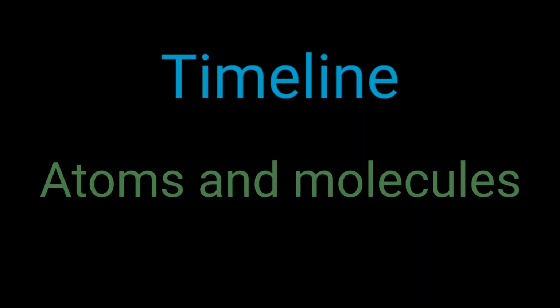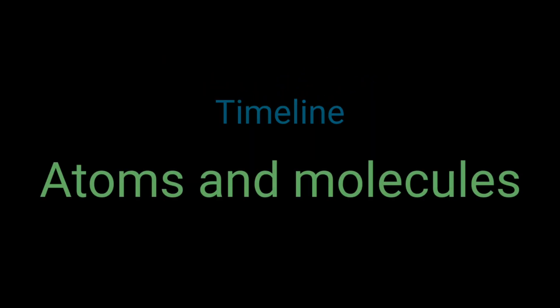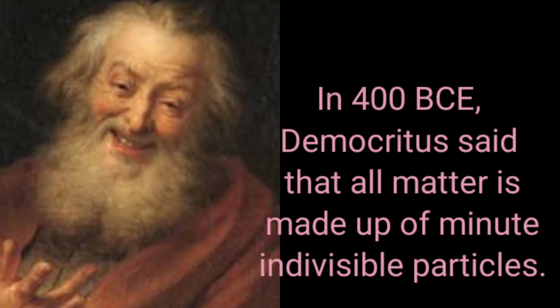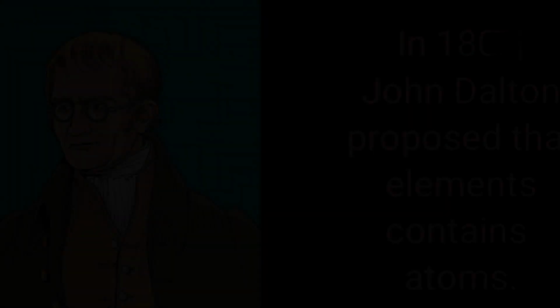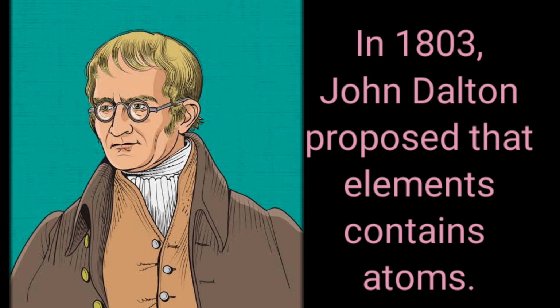Children, different scientists proposed different theories about atoms and molecules. In 400 BCE, Democritus said that all matter is made up of minute indivisible particles. As time passed, in 1803, John Dalton proposed that elements contain atoms.